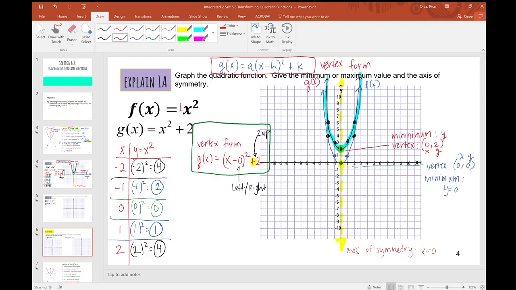Our minimum is at y equals 2, because that's the lowest y value. The axis of symmetry for g of x also happens to be x equals 0. And these are the key parts of g of x. Now let's move on to another problem.